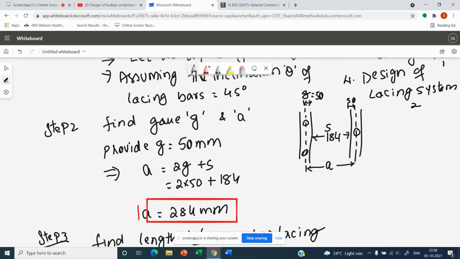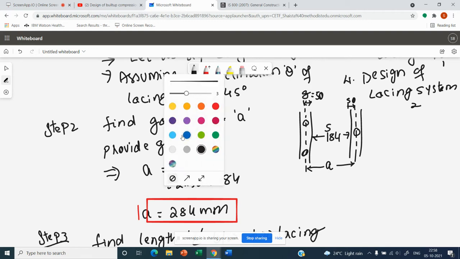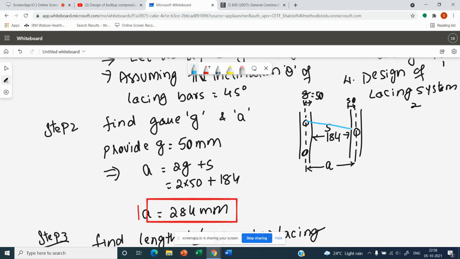If I take the lacing, this is one lace and the other will be this lace. So this is L.